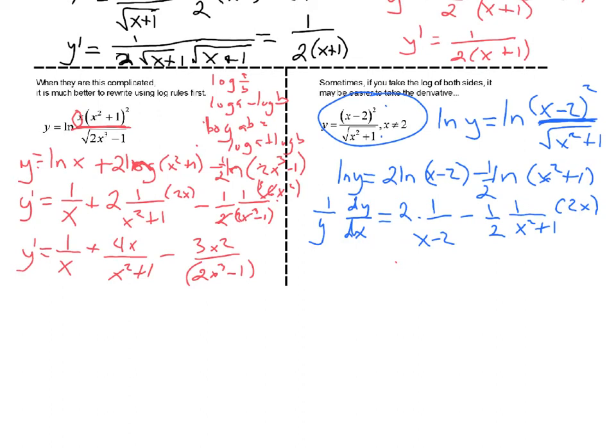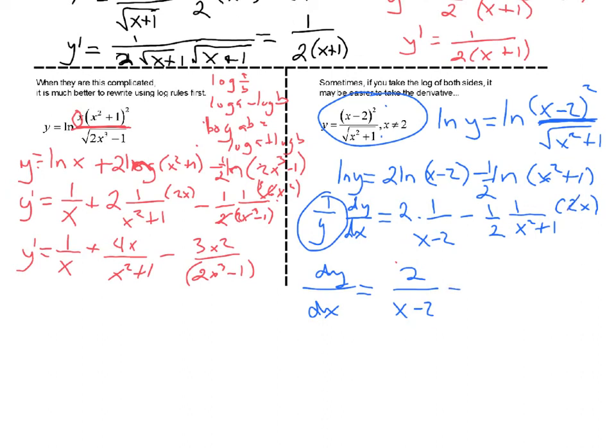Done. And so I didn't have to use the crazy product chain quotient yucky rules that I'd have to use. Still have to find the derivative, dy dx equals 2 over, I'm going to write this whole thing down. I didn't write this for a reason. I'm coming back to it.